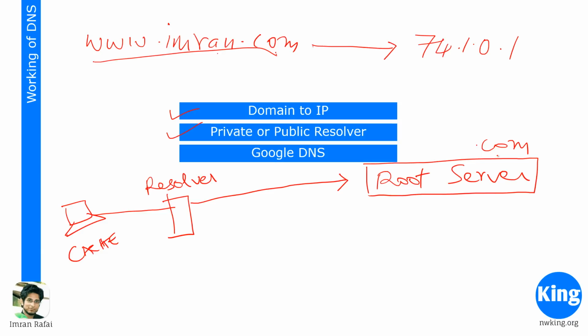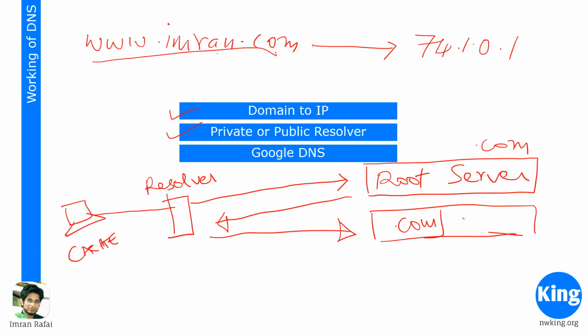TLD is nothing but top level domain, right? So the top level domain server for .com is accessible at this IP address. So it will give you that IP address for the TLD server. Then the resolver will contact the TLD server. This is the .com TLD.